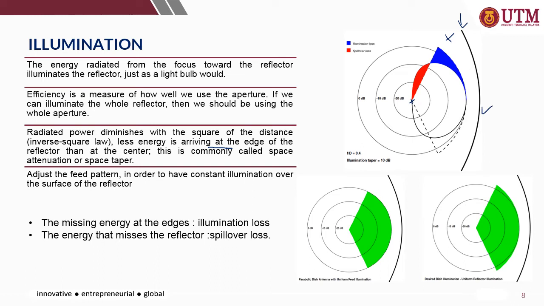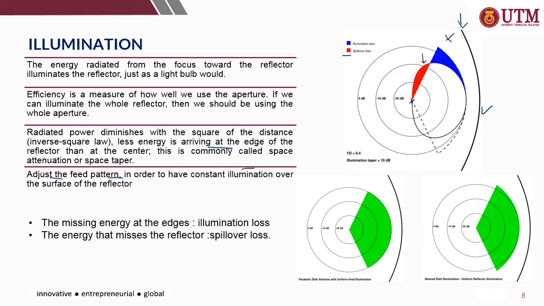Alright, so the loss is commonly called space attenuation or space taper. The blue color here represents the illumination loss, which is the space attenuation, and also the spillover loss in this region outside the intended beam width.